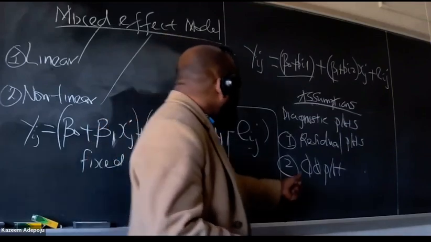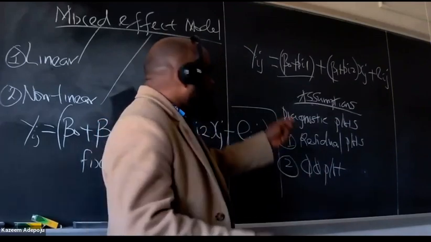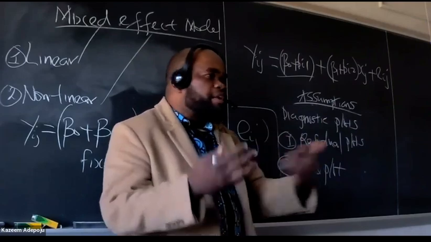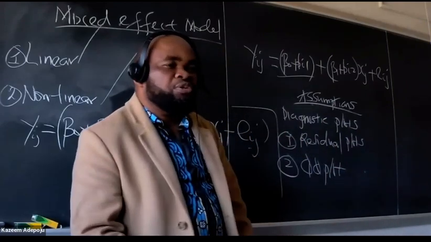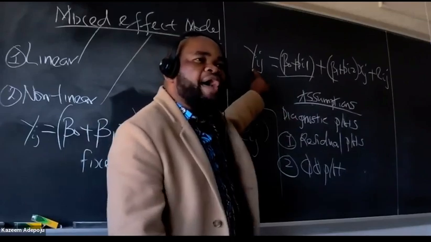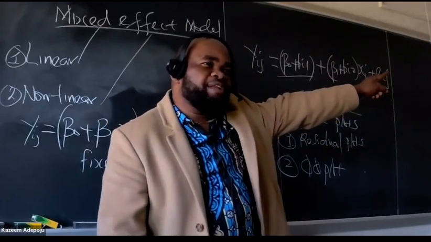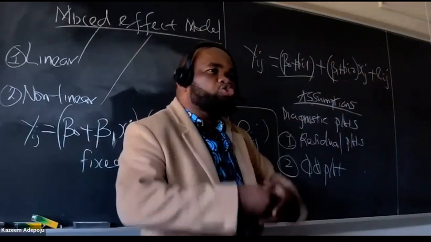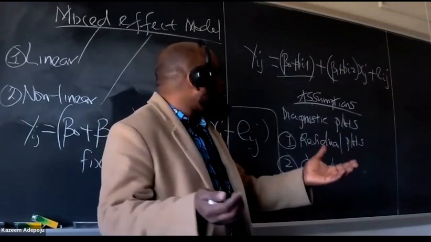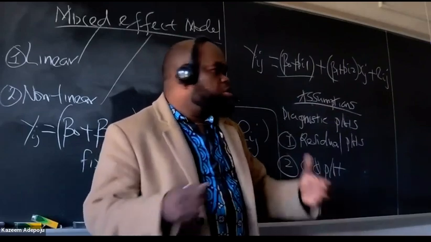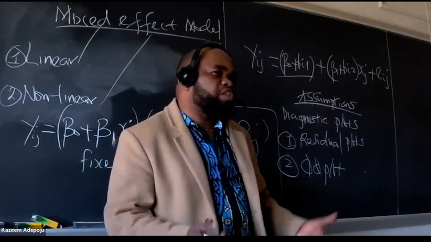Now, in a situation where a linear relationship does not exist, we can think of transformation. We either transform Y or we transform the independent variable. You can use a square root transformation, a log transformation, or a Box-Cox transformation.